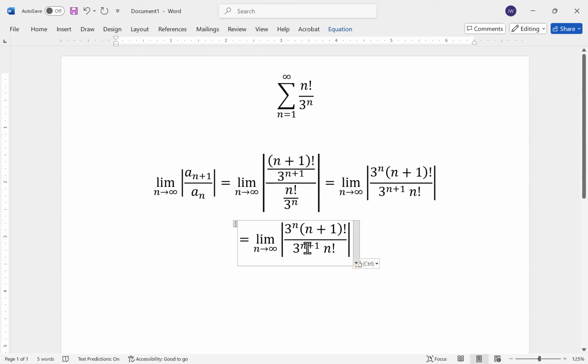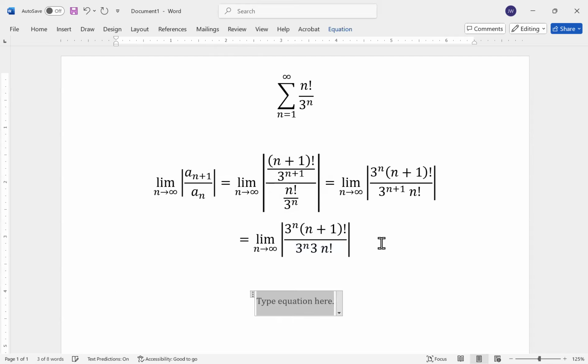3 to the n plus 1 is like 3 to the n times an extra copy of 3. N plus 1 factorial. Remember what factorial does. It takes every number and multiplies every positive integer.